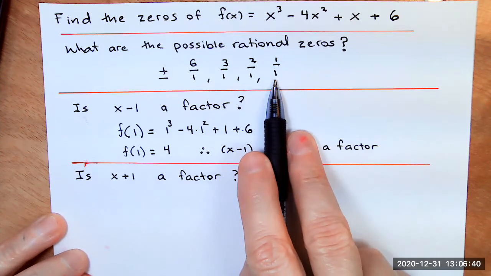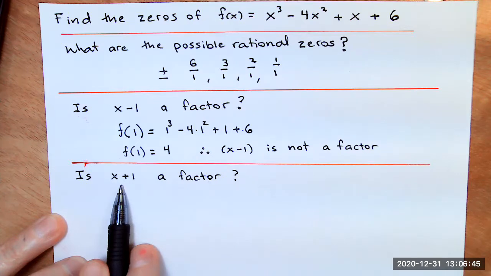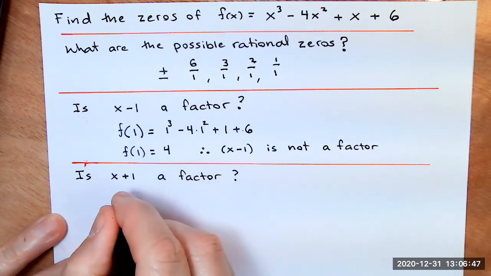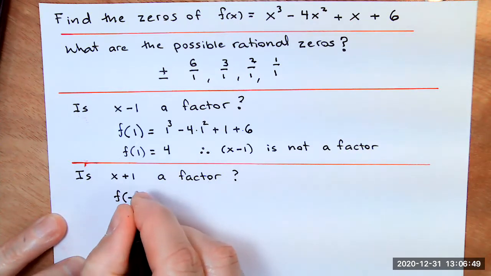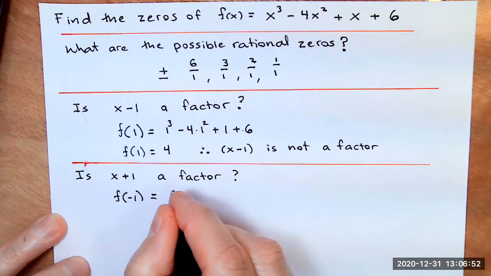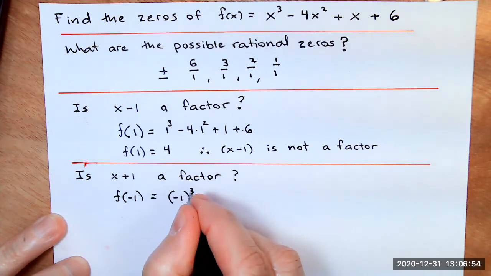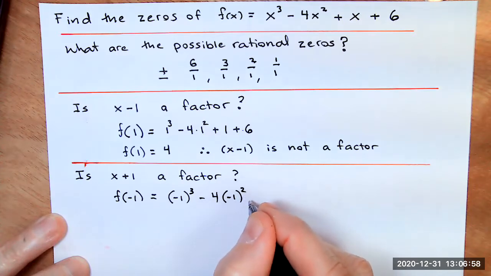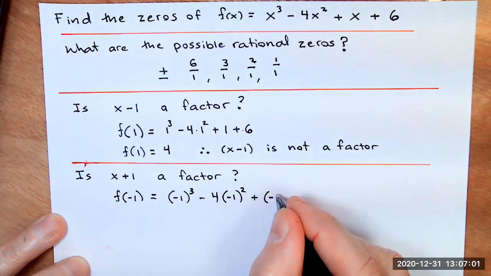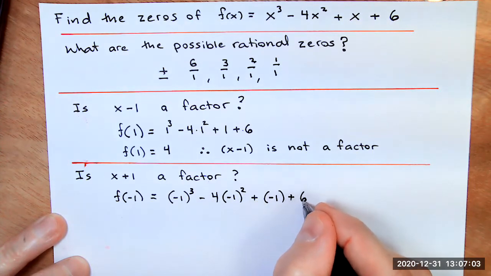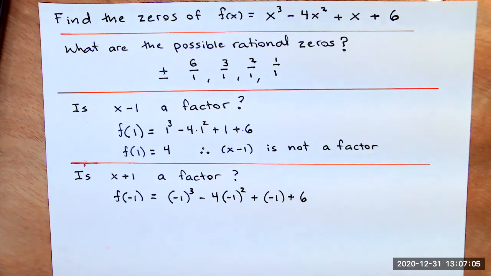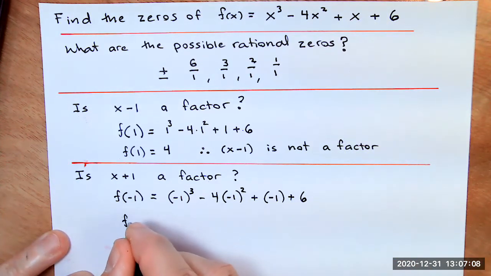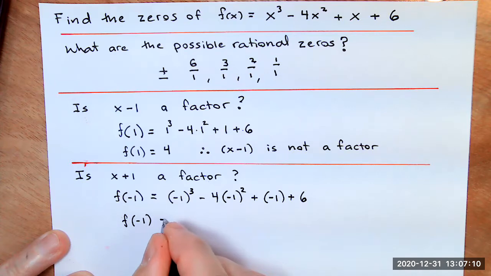So we tried 1. Let's try negative 1, which would mean that x plus 1 is a factor. So we just evaluate our function at negative 1. And it turns out that f of negative 1 is equal to 0.